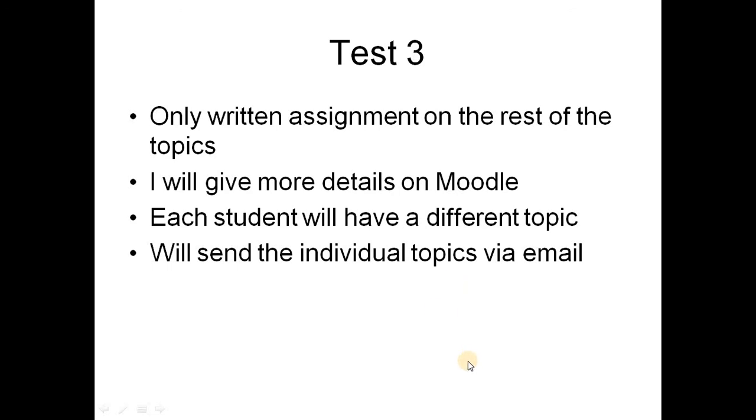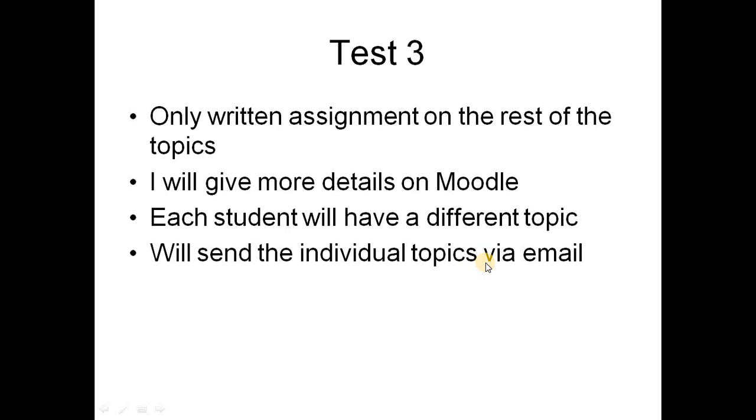And let's just finish up talking about test 3, which is going to be the written assignment on the rest of the topics. I will give more details on Moodle with the deadline and page limits and how it's supposed to look. Each student will have a different topic, and those topics will be sent to your UB individual emails.